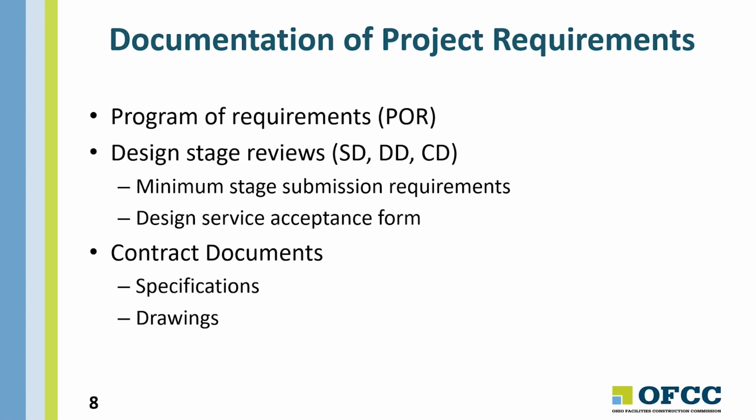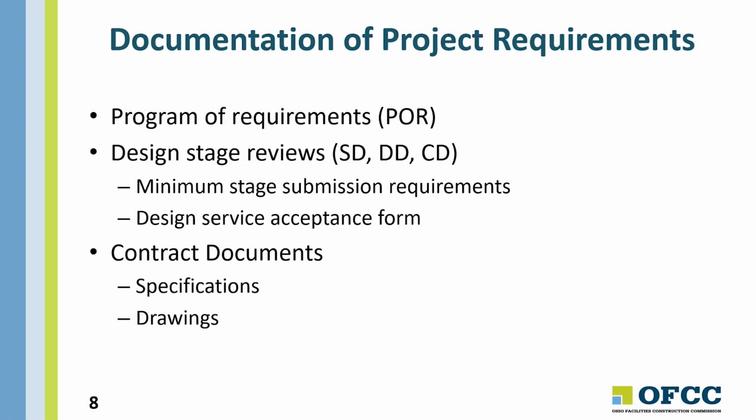The design stages have a review process, and we ask that the architect engineer submit those for review by the owner and by our team at schematic design and at the end of design development.